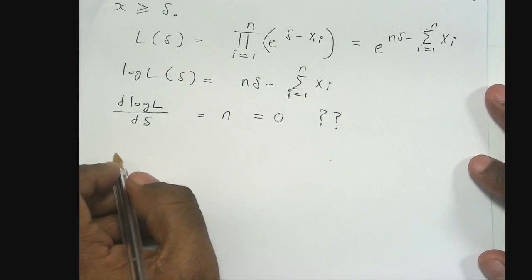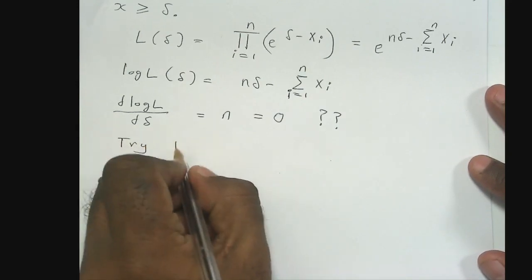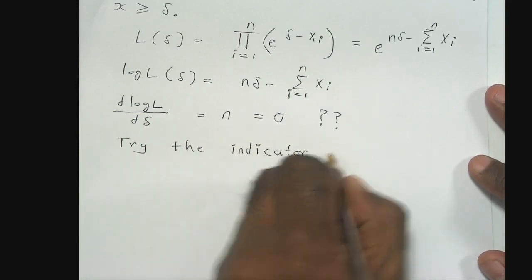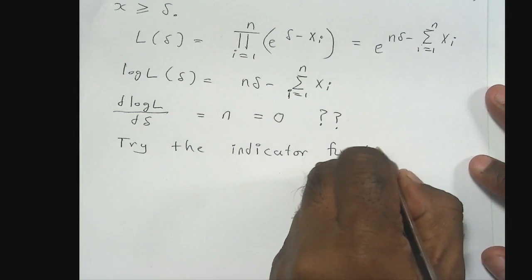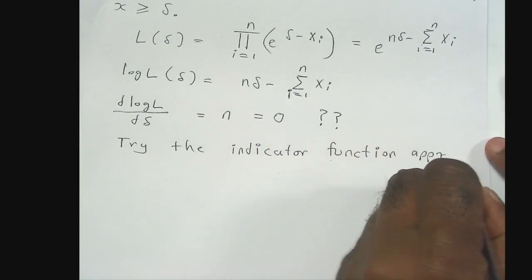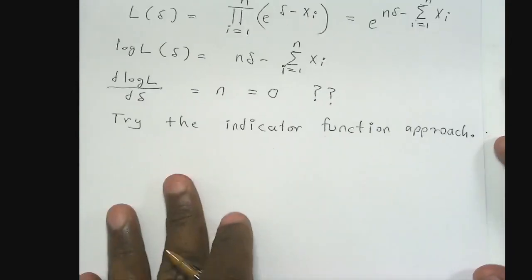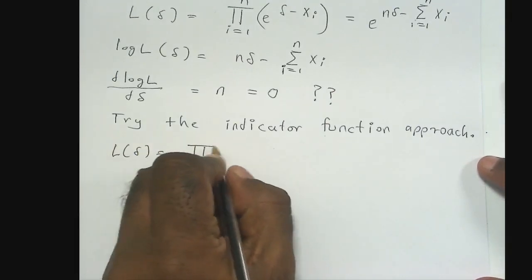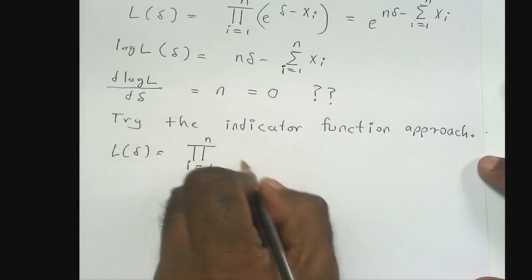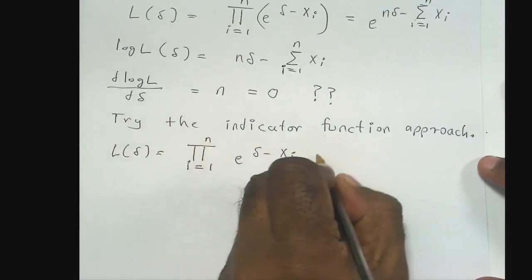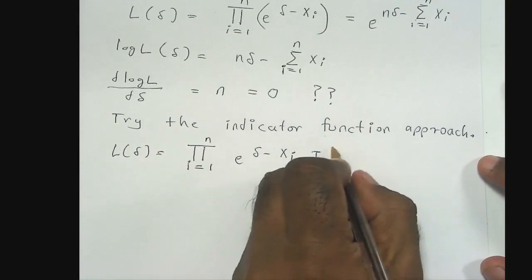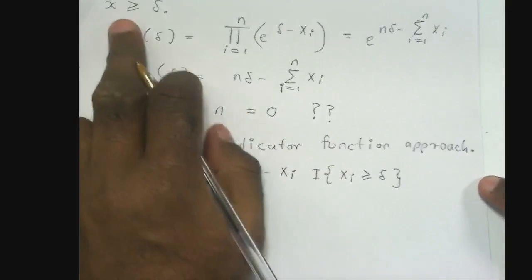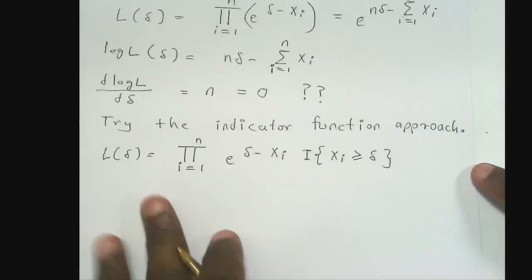So I'm going to try the indicator function approach. You need to rewrite your likelihood function and put the indicator function that each xi is greater than or equal to delta, because you're told here that x must be greater than or equal to delta.